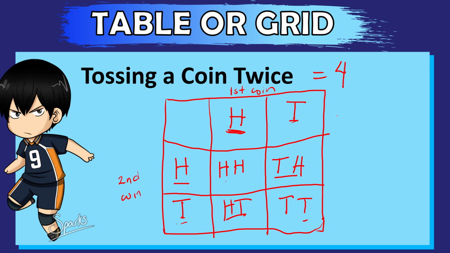So, kaya ko po nakuha yung sample space kanina na heads, tail, tail, heads, heads and heads, tsaka yung tail and tail. Okay po, that is how you do table or grid. So, kayo bahala kung ano ilalagay nyo sa column heads at nasa row heads.